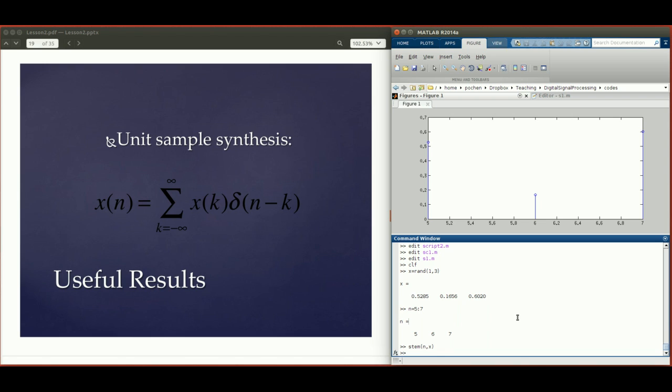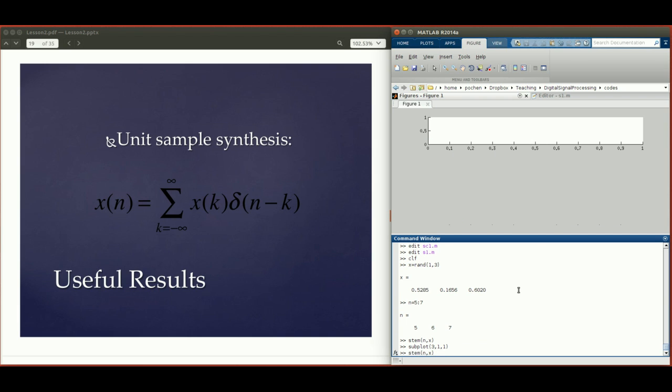You can represent this x[n] as a superposition of three shifted impulse sequences. Let me make a subplot and plot the signal itself, and change the range from 1 to 10 so you can see the signal is in the middle.